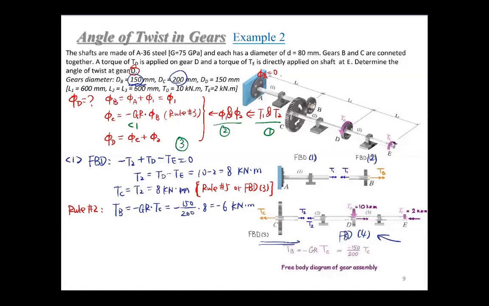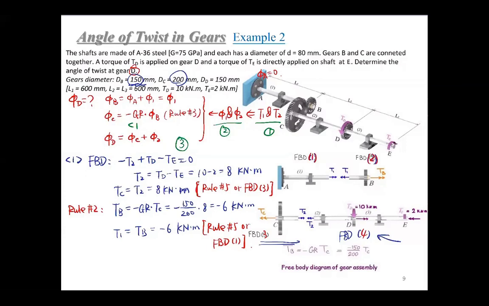Then T1 equals TB, equals negative 6 kilonewton meter. This is again either from rule number 5 or free body diagram 1. This is our 1, 2, 3, and 4.